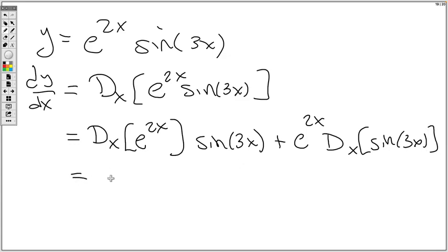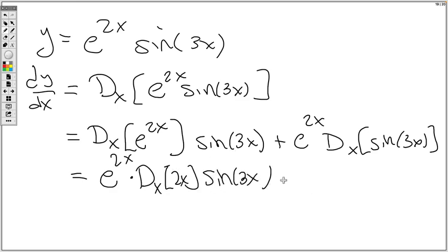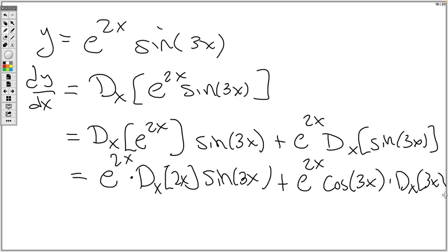And what's the derivative of e to the something? E to that thing times the derivative of that thing. And then we still have the sine of 3x we're multiplying by there. Plus e to the 2x. What's the derivative of sine of something? Cosine of that thing times its derivative.